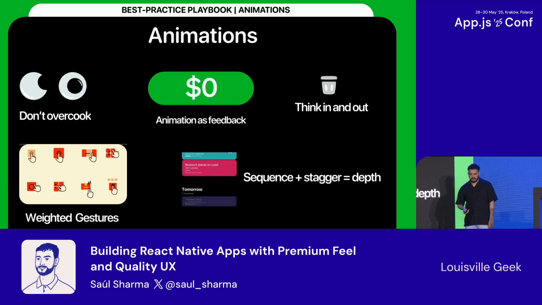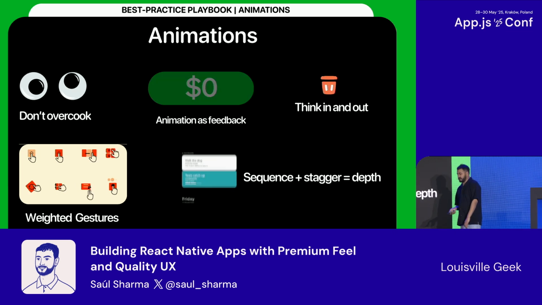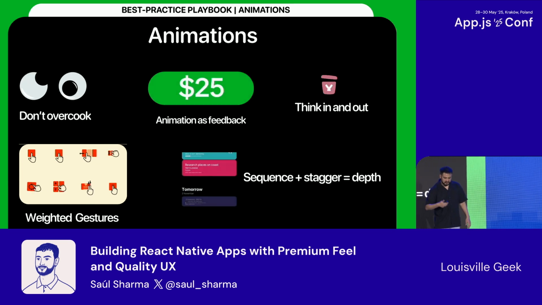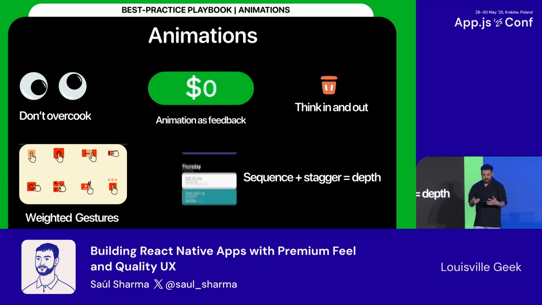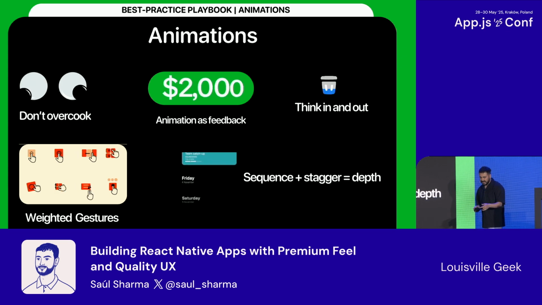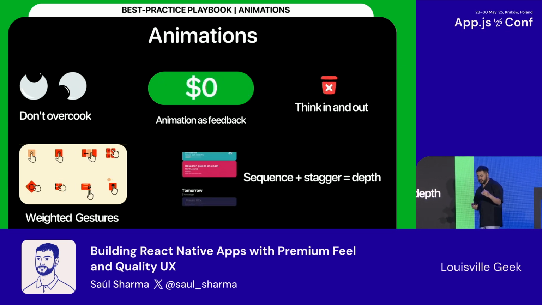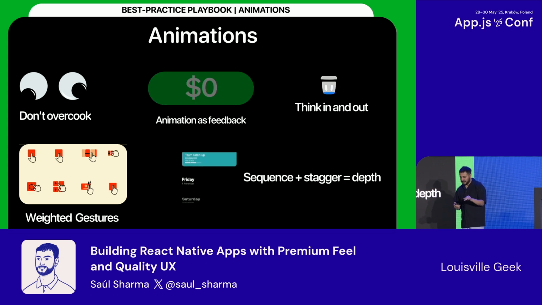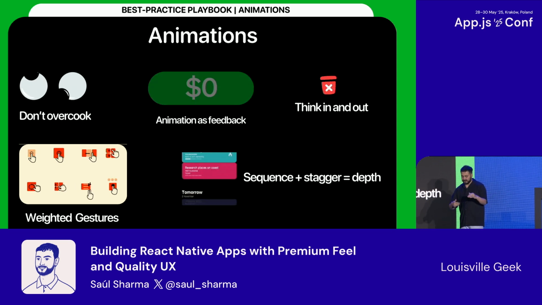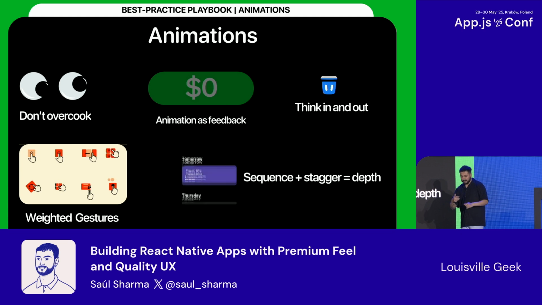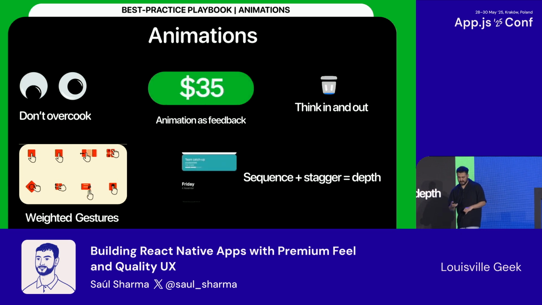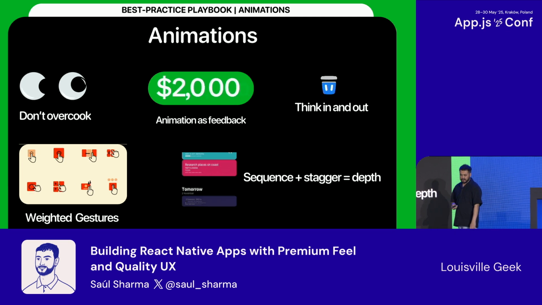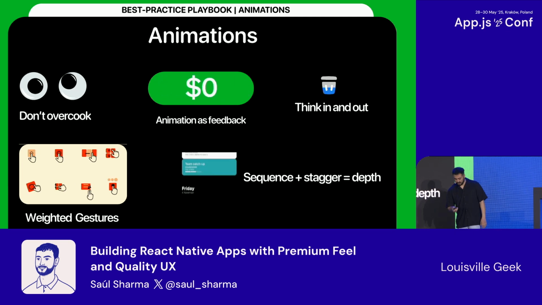And obviously, if you have a long list or something fancy, you might want to utilize sequential and stagger, where as the user is scrolling down, it considers the position or index of the item, and slowly slides in, or whatever that animation is, and it brings that depth. This is something we can do, but again, please don't overcook.